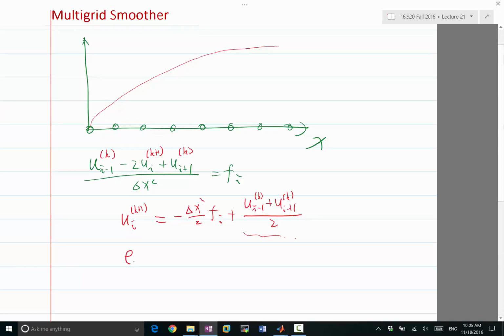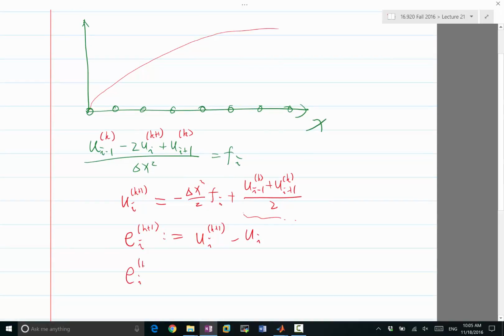So particularly if I write the error equation, if I define EI K plus 1 to be UI K plus 1 minus UI, which is the exact solution, my EI of K plus 1 would be equal to, this term gets cancelled if I subtract the iteration from what is satisfied by the exact solution. What I get is EI K plus 1 is equal to the average of EI plus 1 K and EI minus 1 K.